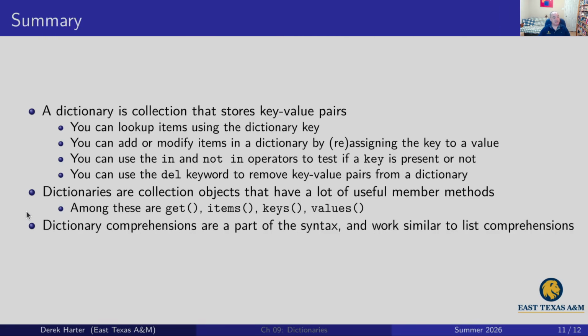All right, so that's it for our discussion on dictionaries. Just to summarize what we talked about in this video, a dictionary is a collection or a container object that stores key value pairs. You can look up items using the dictionary keys. So the items in the dictionary are indexed or hashed by the key to make it efficient to retrieve or read a value associated with a key that's stored in a dictionary.